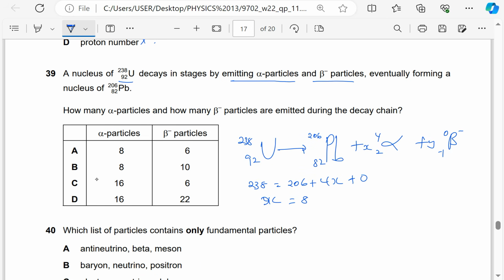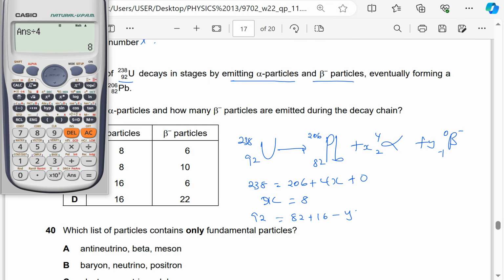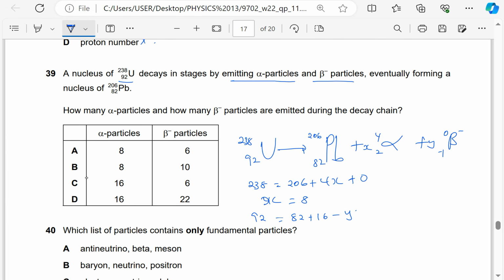Then I will say again, 92 equals 82 plus X times 2, which is 16 because X is 8, then plus Y times -1, which is minus Y. So I have 92 minus 82 minus 16 divided by -1. So Y is equal to 6. So alpha particles are 8, beta particles are 6. So the answer is going to be A.